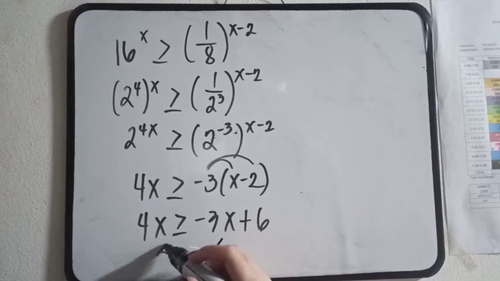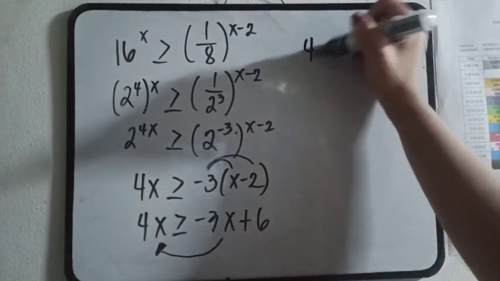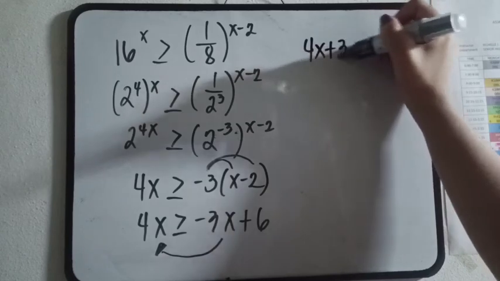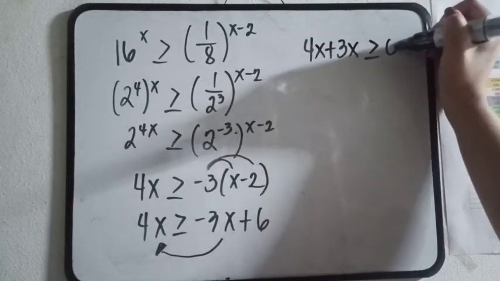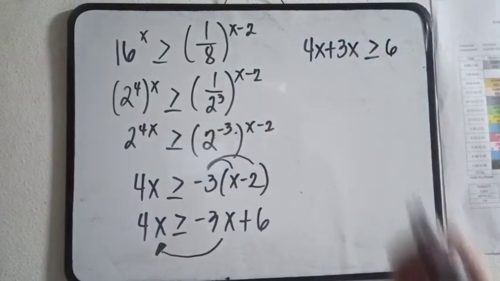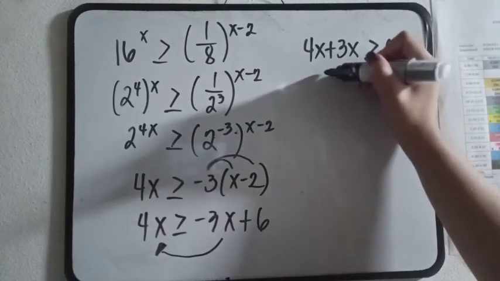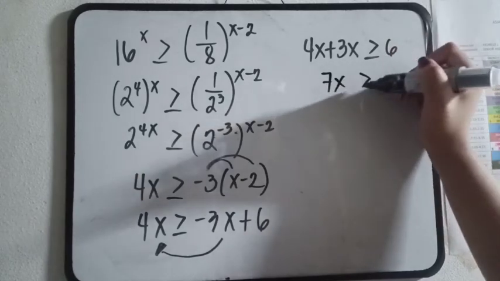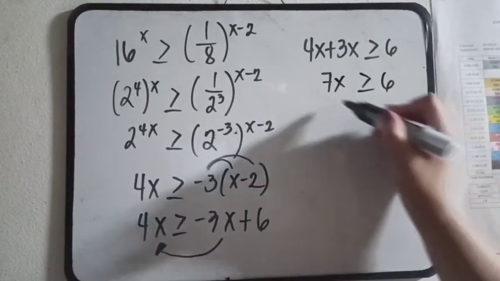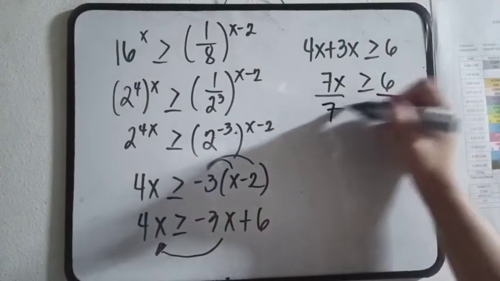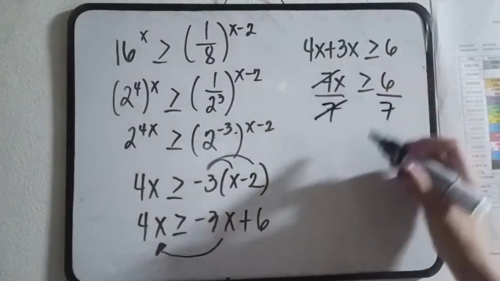So, lipat natin sa kabila si negative 3x. So, magiging 4x plus 3x is greater than or equal to positive 6. So, 4x plus 3x is 7x. Okay, so divide natin both sides by 7. So, cancel.